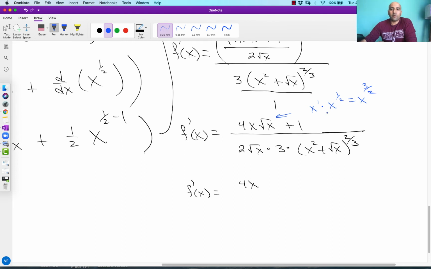Remember, we add the exponents. That's going to be 1.5. So that's what this is: x to the power of 3/2, times (x plus 1), and in the denominator 2 times 3 is 6. I don't really see any great benefit in trying to combine anything there, so let's just leave it alone. It'll be 6 root x times (x squared plus root x) to the power of 2/3.